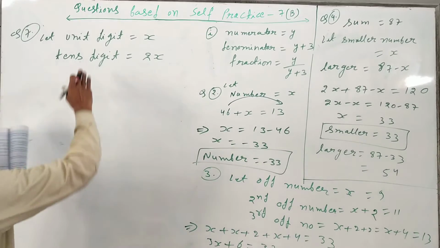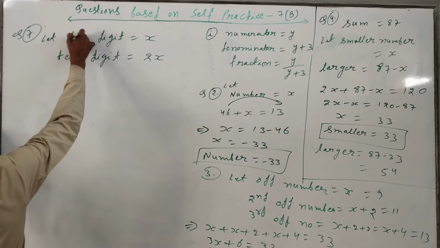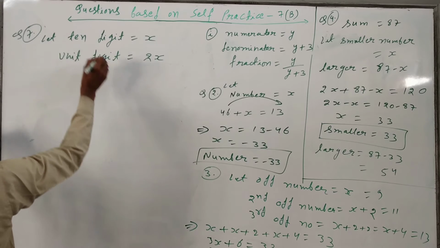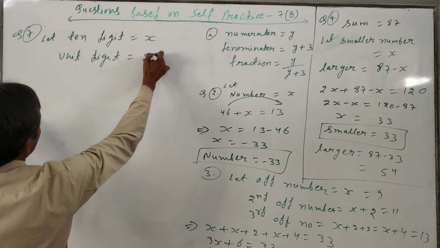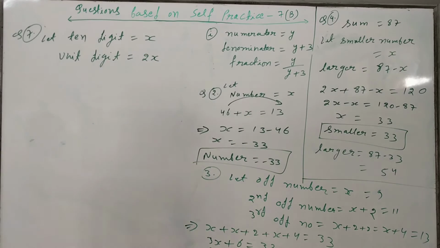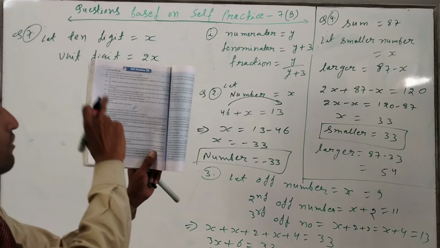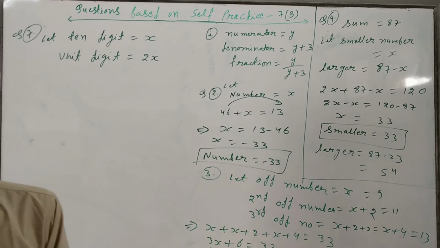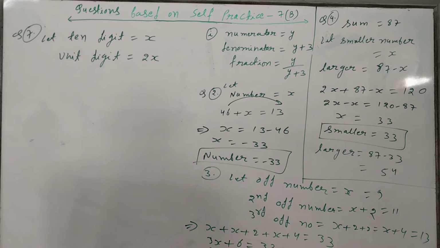Okay, sorry. First of all, you have to suppose the tens place digit is x, and then the unit digit is equal to 2x. In the question it is given that the unit digit is twice the tens digit. So I suppose the tens digit is x and the unit digit is equal to 2x.